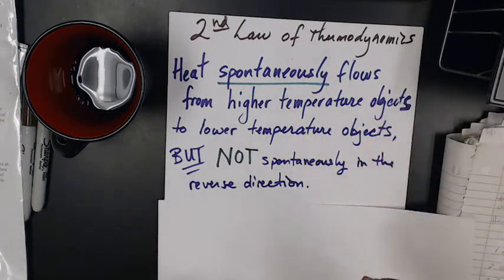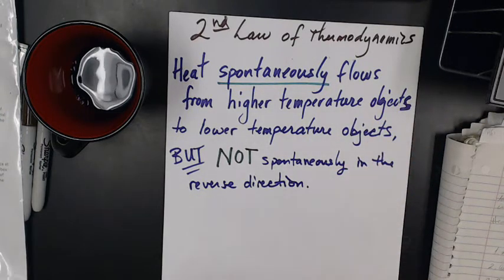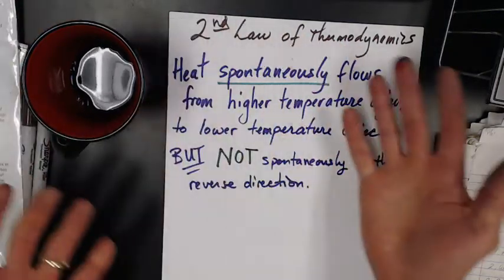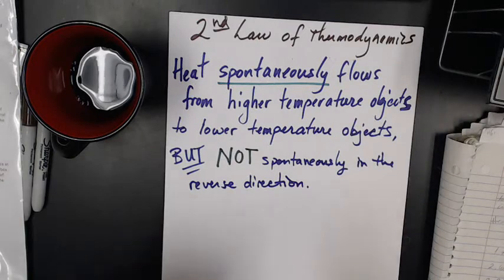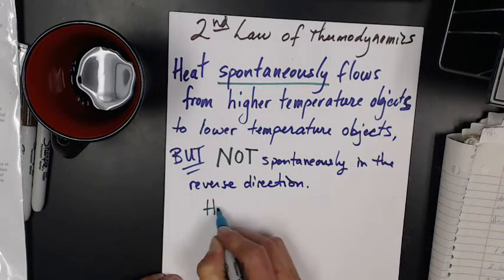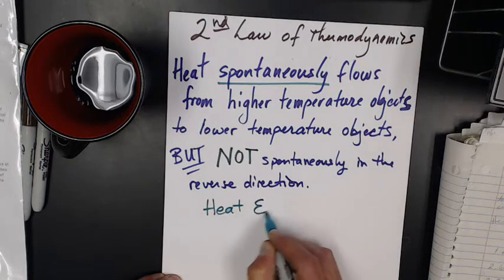So, but codified, this means some very interesting things. Because heat's going to flow from this high temperature area to this low temperature area, I can use it to do something. All right. So this is where we get the heat engine.